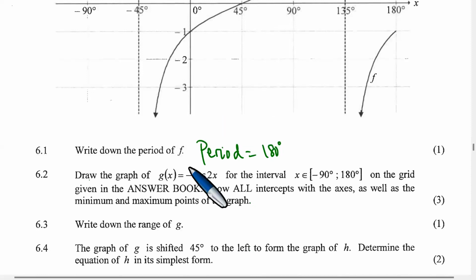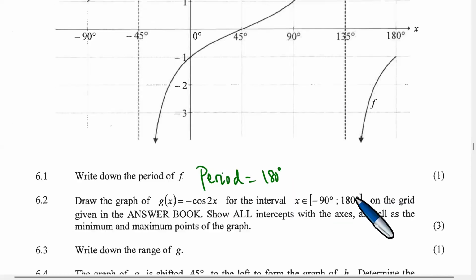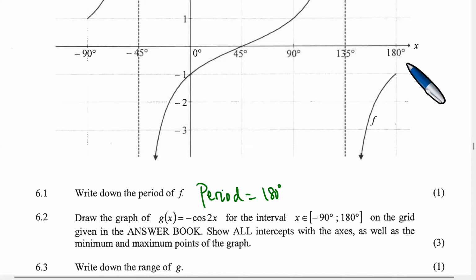Next, draw the graph of g of x, minus cosine 2x, for the interval minus 90 to 180. On the grid given in the answer book, show all intercepts with the axes as well as the maximum and minimum points of the graph. Okay, I'm going to teach you how to use the Casio calculator to do this.